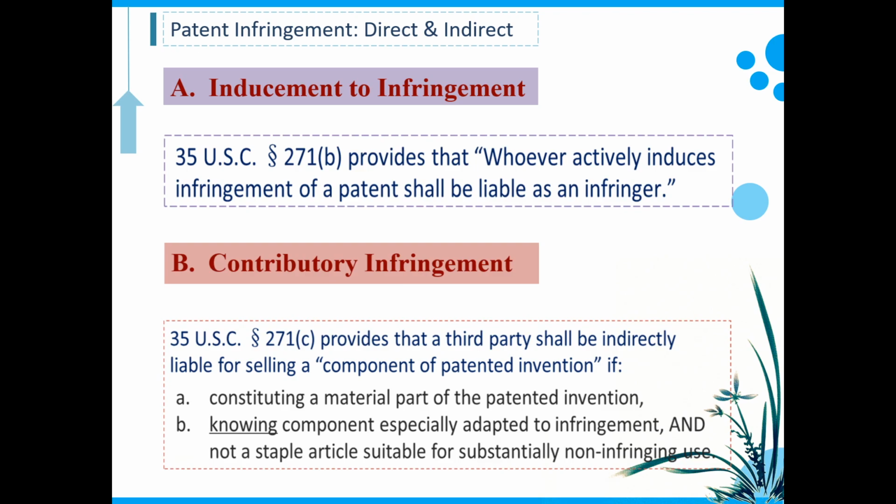So the selling of a stable article would not give rise to contributory infringement liabilities. And the selling of items or any other articles that are suitable for substantially non-infringing use would also not be liable for contributory infringement.